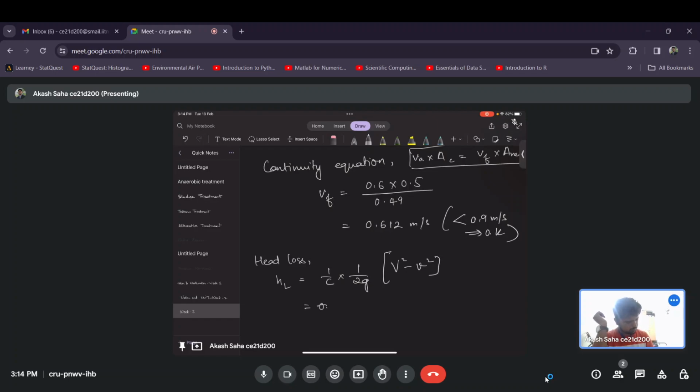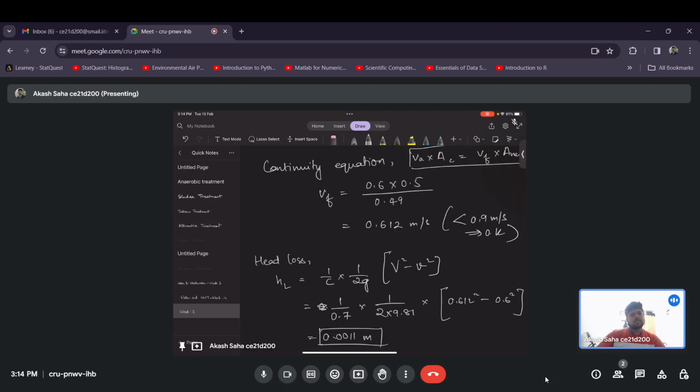So 1 by 0.7 into 1 by 2 into 9.81 into 0.612 square minus 0.6 square. It will be 0.001180. So pretty simple. Again, we have to find the velocity of flow, the velocity of approach, and then we will just find out the head loss with the help of this data.